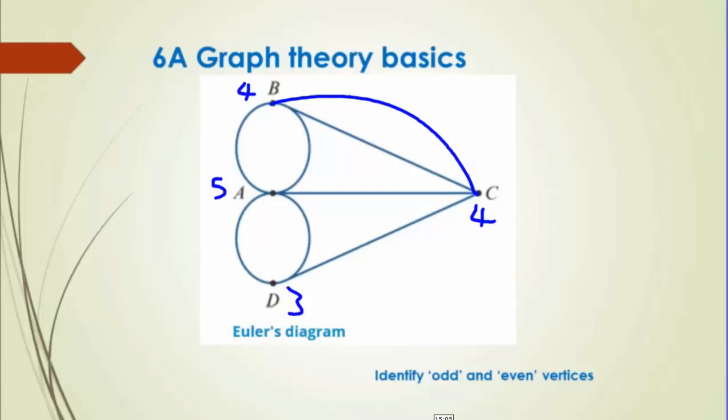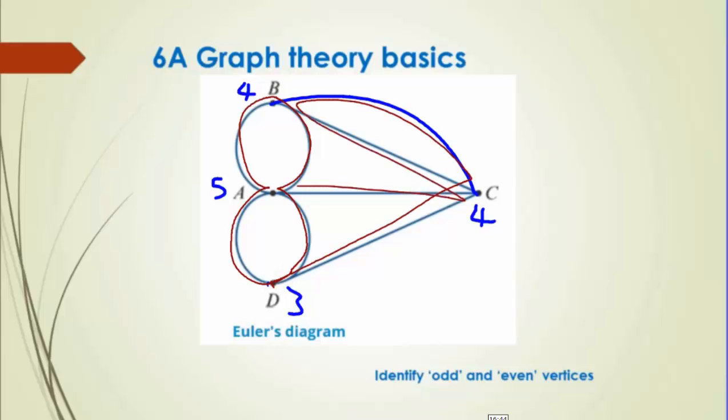Now, Euler said this is traceable, but in fact it's not always traceable. It rather depends on where you start. So what you should be doing in your books is making a copy of this diagram and then trying to trace it, starting at various places until we can establish where you can start and where you can't start. You're starting at D. Yes, we've managed it.